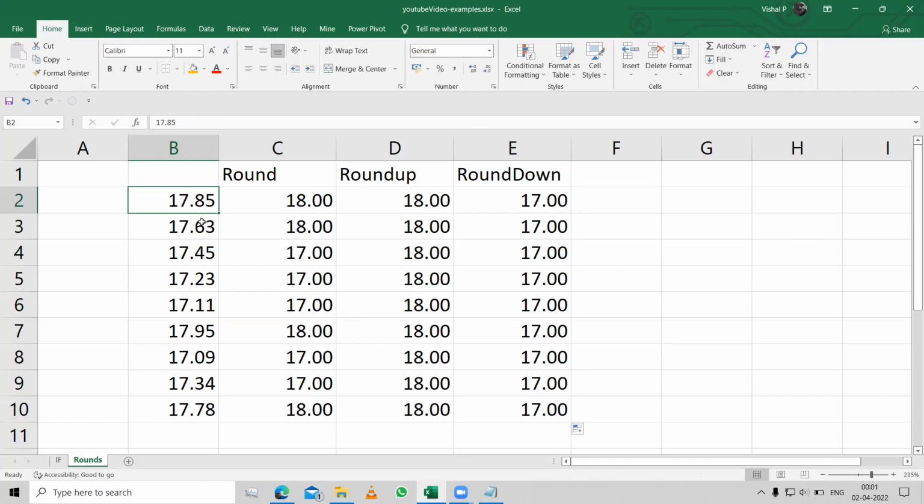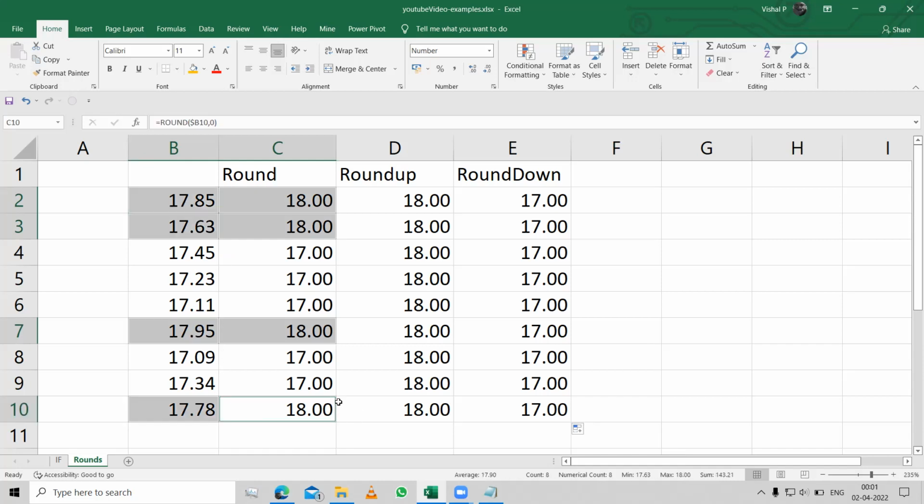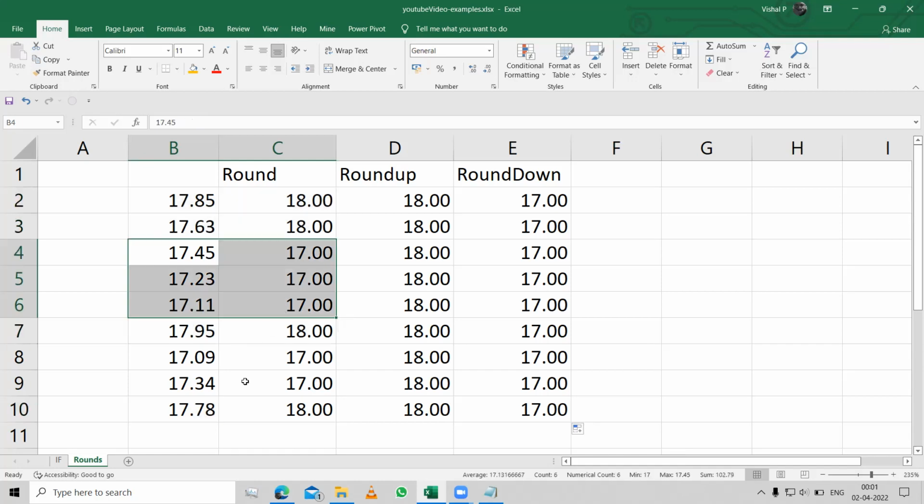If the value is above 17.50, then ROUND is taking them to 18. So if the value is above 50, it is taking them to 18. But if it is less than 17.50, it is taking them down to 17.